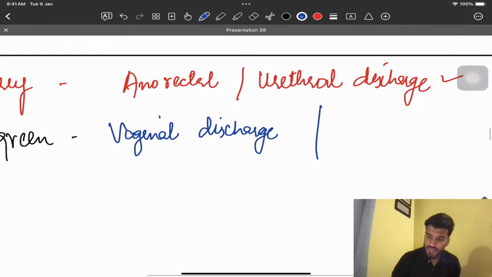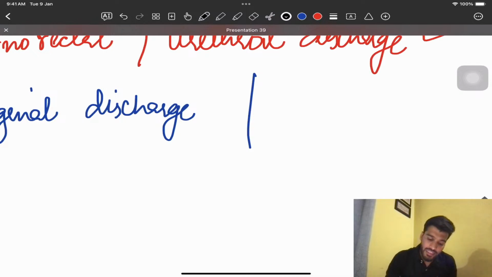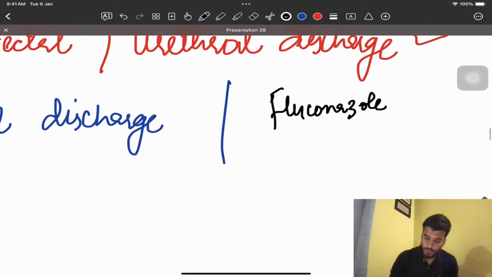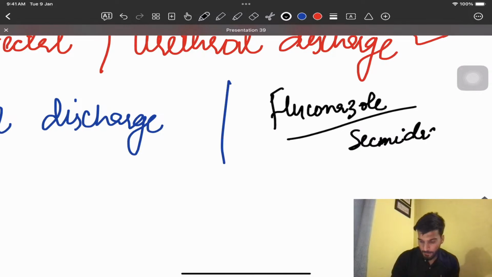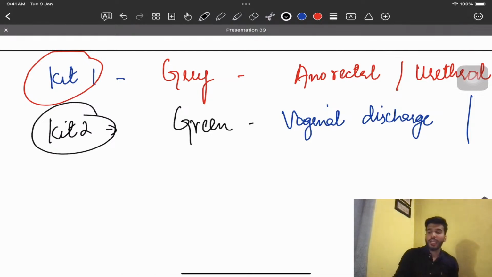And the medications inside the green kit are fluconazole and secnidazole. So any patient complaining of vaginal discharge, your answer will be kit 2, green color. Any patient complaining of urethral discharge, your answer will be kit 1, gray color.